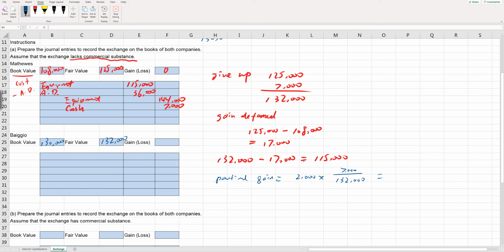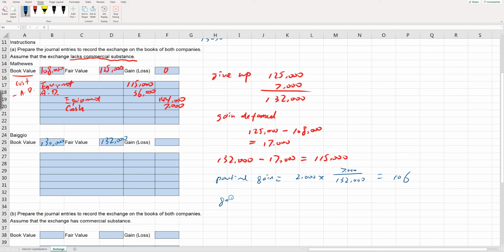So you got the answer. What is a partial gain? Right? It's approximately $106. Okay, partial gain. This will be recognized.